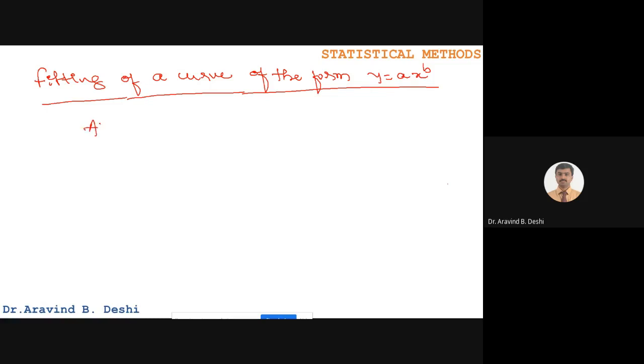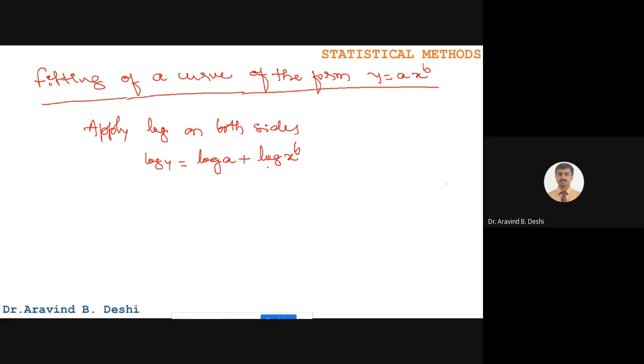Therefore, apply log on both sides. We'll get log y equals, applying the log property log of m into n, log of a plus log of x to the power b.